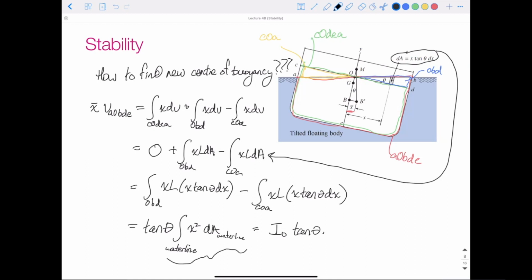We should recognize that the integral of a dimension squared over the area of some volume is equal to the moment of inertia. In this case, I0 is the moment of inertia of the waterline footprint.